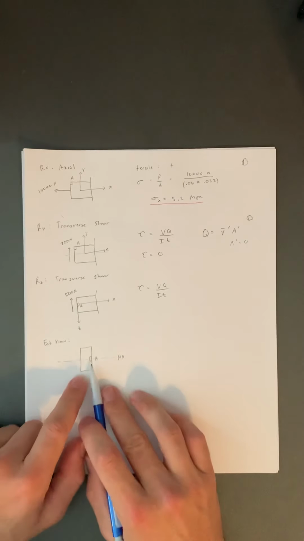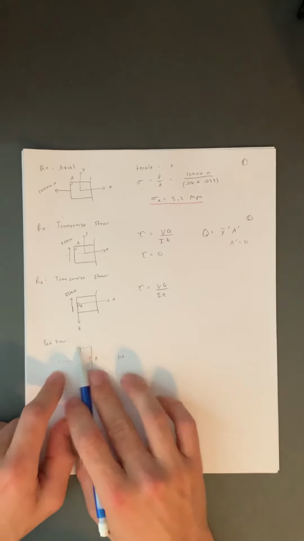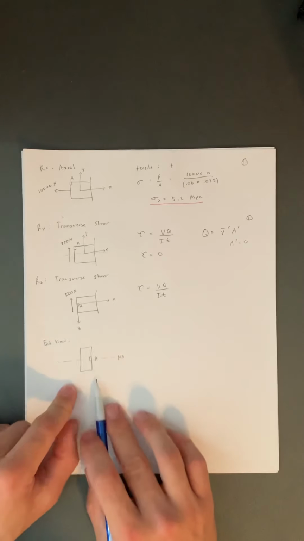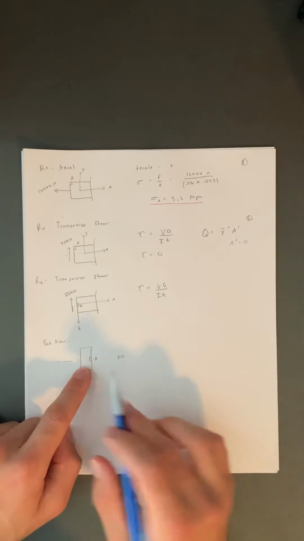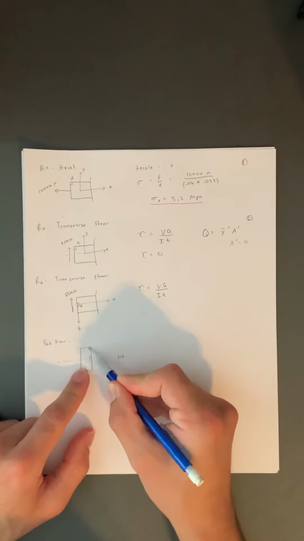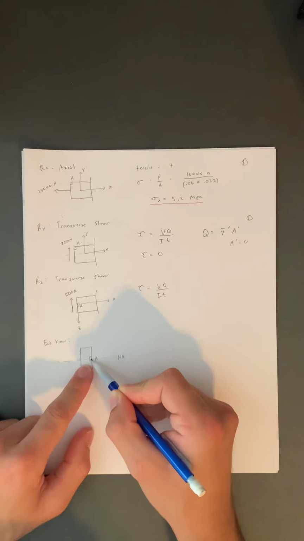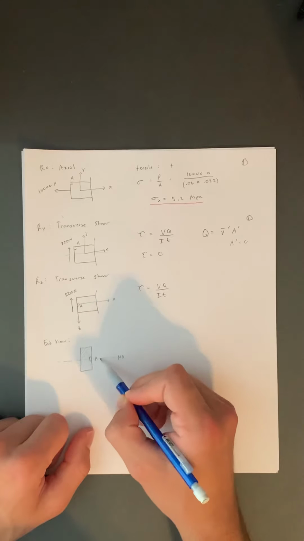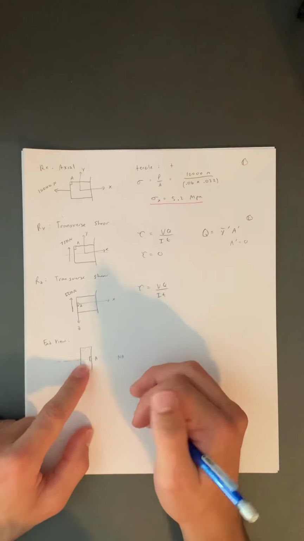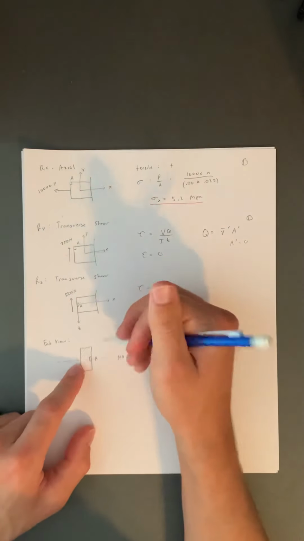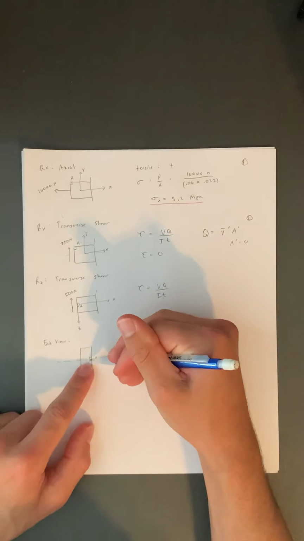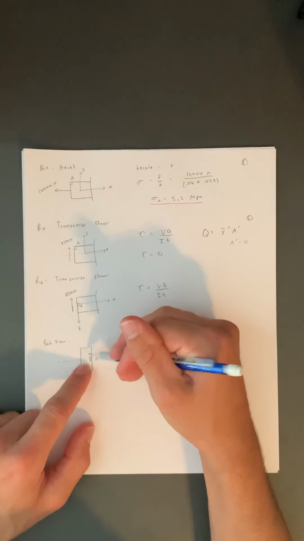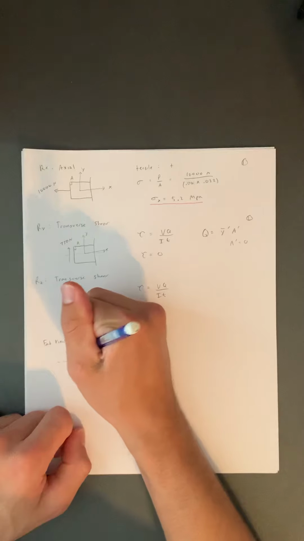In this case, we're drawing it so that the longer dimensions are on the side, so that A is in the middle. And we have our outward area, which is from the point of interest outwards, from the neutral axis in this case. And then we have y bar prime, which is the distance from the neutral axis to the center of that area, so halfway up.